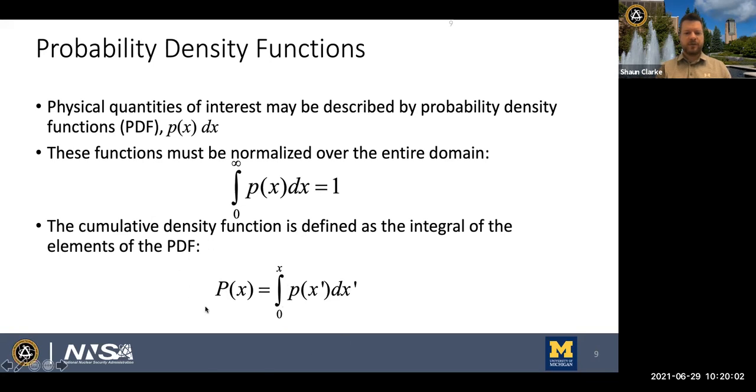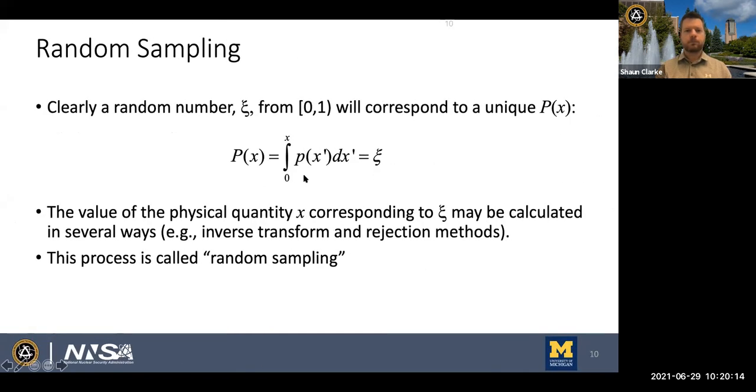And then once we have the CDF, the cumulative density function, this CDF is what we use to perform the random sampling. So if we have our CDF, capital P of x, defined as, again, the integral from 0 to x of P of x prime dx prime, we can take that CDF and set it equal to our random number ξ. And because the CDF is a cumulative integral, it's going to go from 0 to 1.